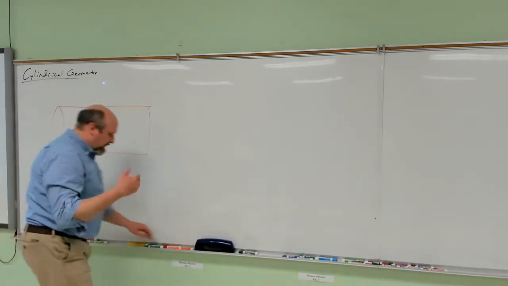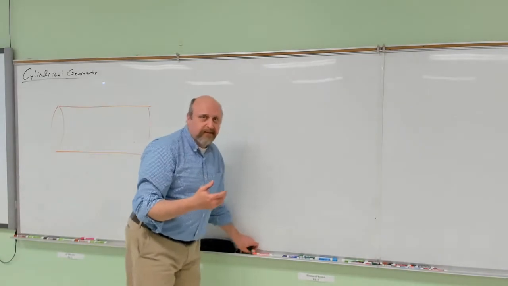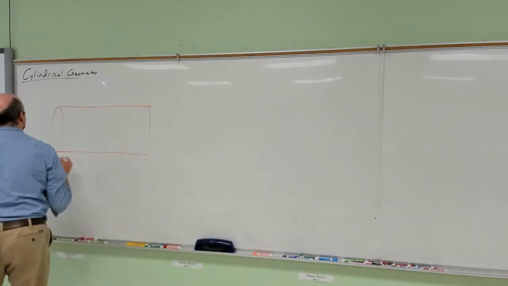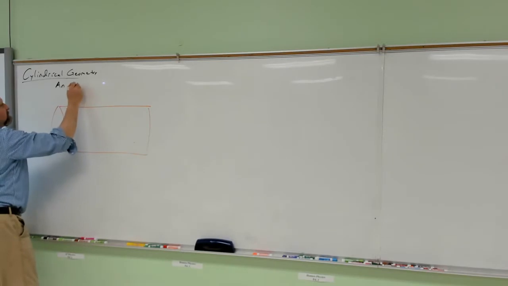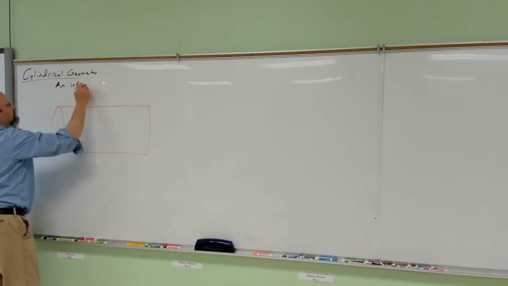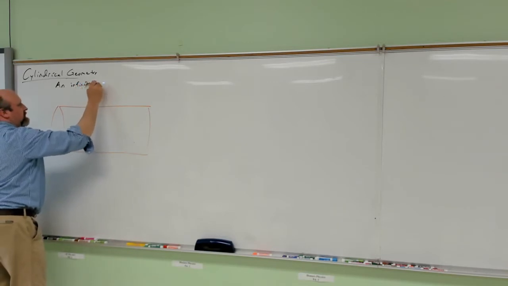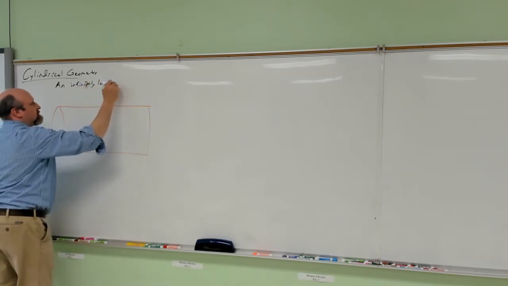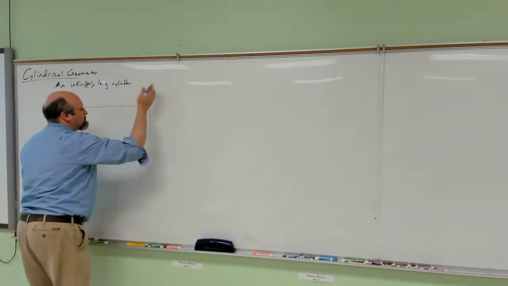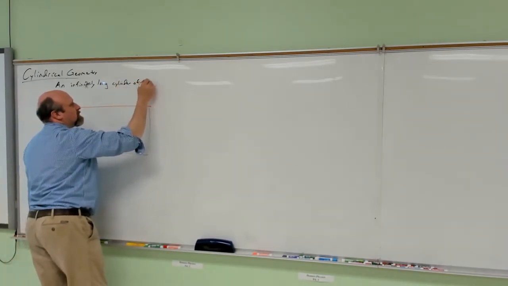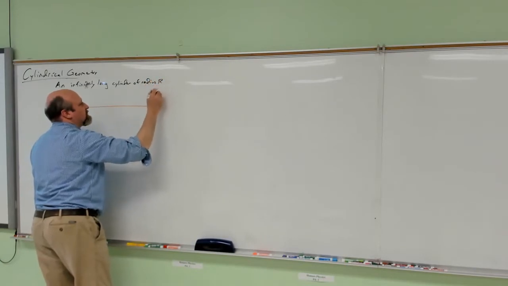So we should carefully define our system, right? So I have an infinitely long insulating cylinder of radius r.